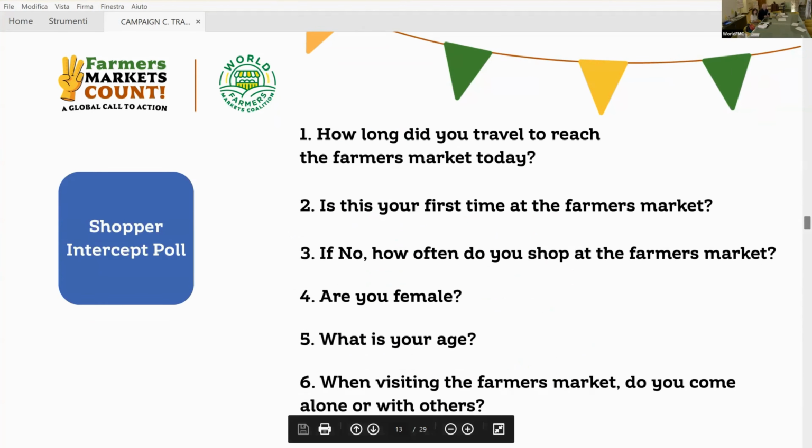Okay, so for the first step, the shopper intercept. And by intercept, what it is, you are standing at one of the entrances to the market, or a good meeting place in the market. You might want to have a table next to you so the shopper can put their bags of groceries down and they're not so stressed out, like, I'm carrying heavy groceries and I want to leave.